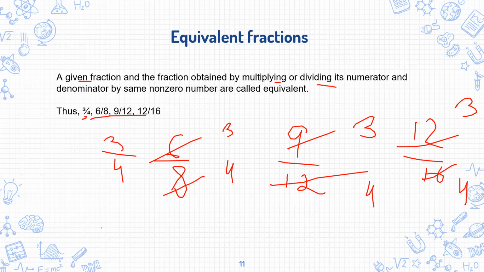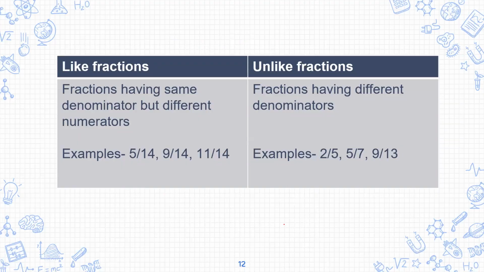In each of the cases you are getting 3 upon 4, so it is equivalent, meaning 6 upon 8 is equivalent to 3 upon 4, meaning this is equal. 3 upon 4 is equal to 3 upon 4. This means it is equivalent. The name itself tells that it is equal, this is the same.